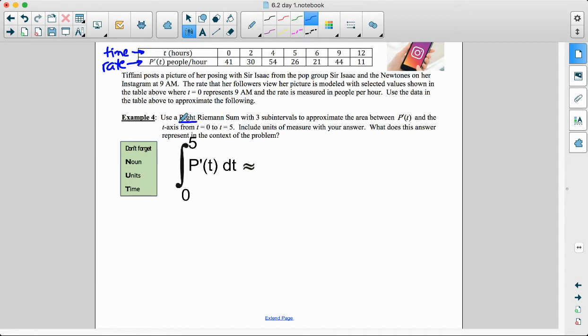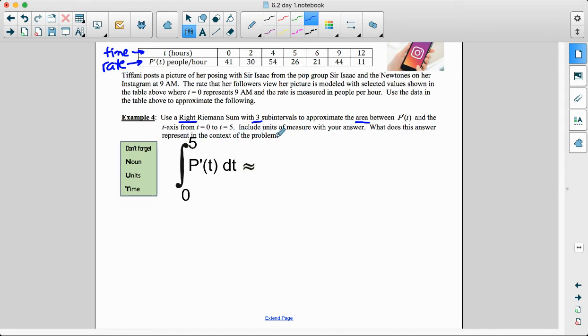They're telling us which one to use, and we're going to do 3 subintervals to approximate the area under P prime of t, and the t-axis from 0 to 5. So from 9 a.m. to 5 hours later, which would be 2 p.m. Include units of measure with your answer, and what does this answer represent in the context of the problem?